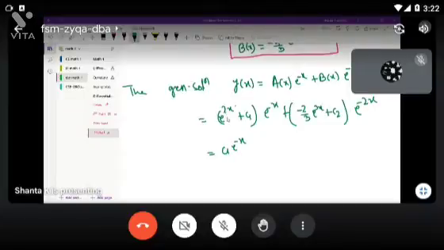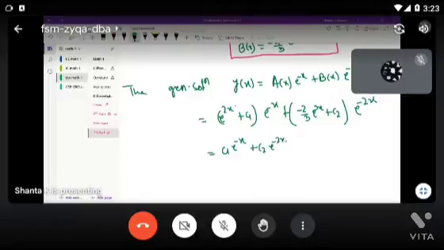So here also e power x is there, and here minus 2 by 3 e power x. So we will have plus 1 by 3 e power x, and the second one is c2 e power minus 2x. So this is our y of x, the general solution.